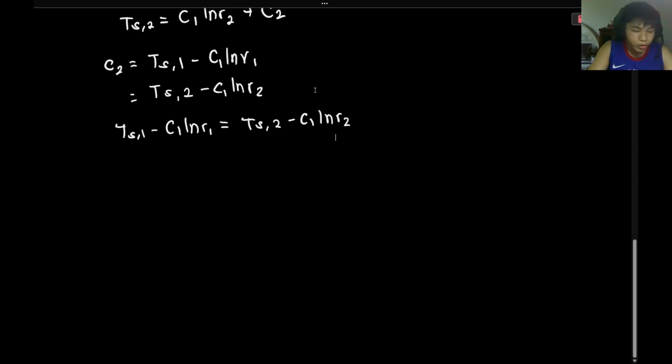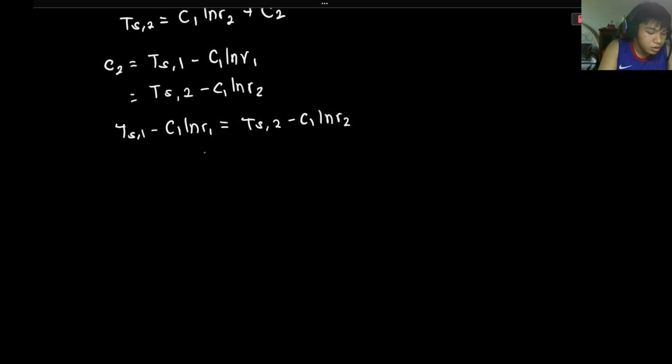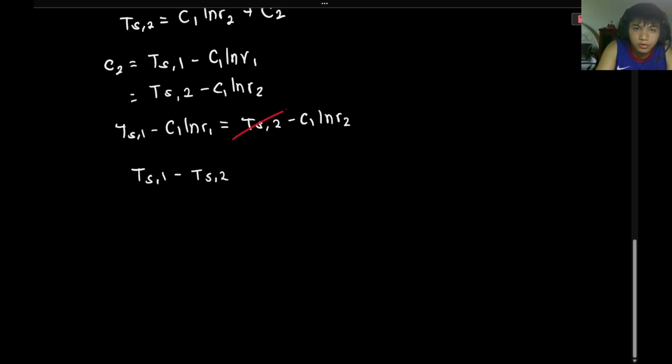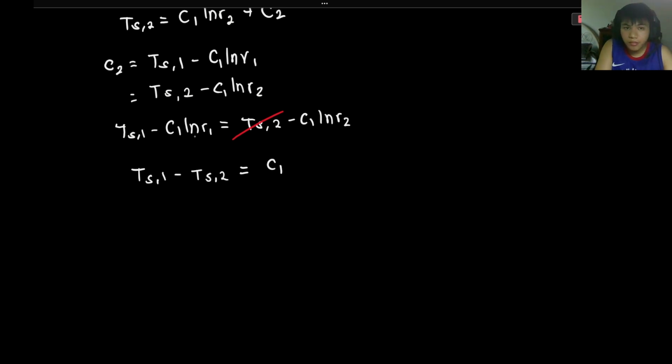And then, we rearrange to solve sa ating C1. Okay? So, first, we subtract TS2 from both sides. So, TS1 minus TS2. So, mawala na ito dito. Right? And that is equal to C1. And then, you could just factor out since we have C1 on both sides. Factor out natin yung ln.